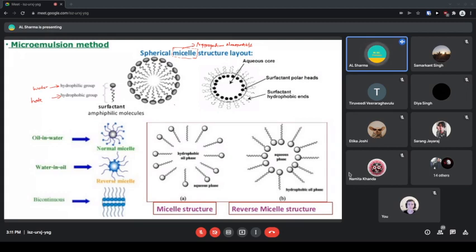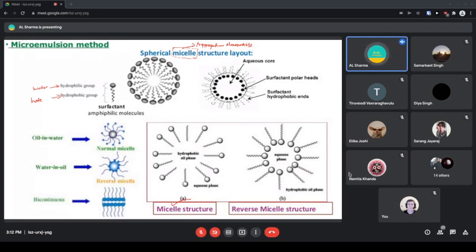If it is going to form in this way, with the tail here and the head outside, then it is said to be the micelle structure. If the pattern is reversed, then it is said to be the reverse micelle structure.